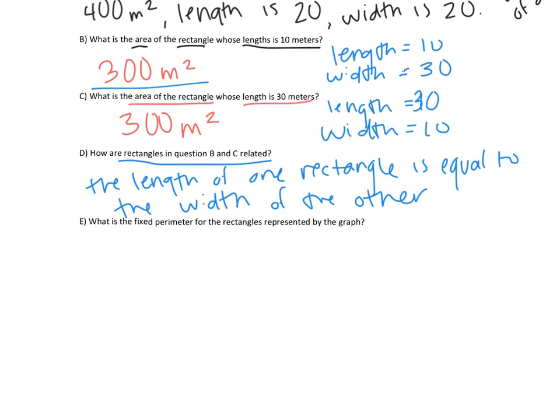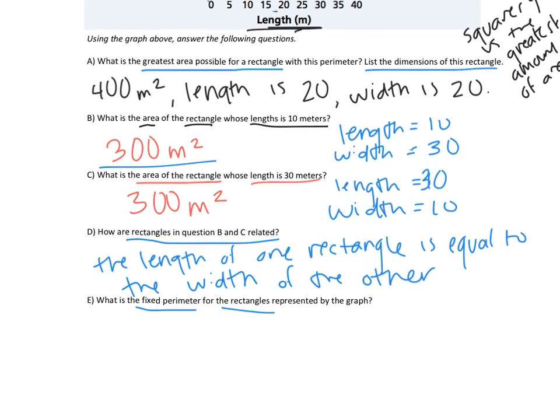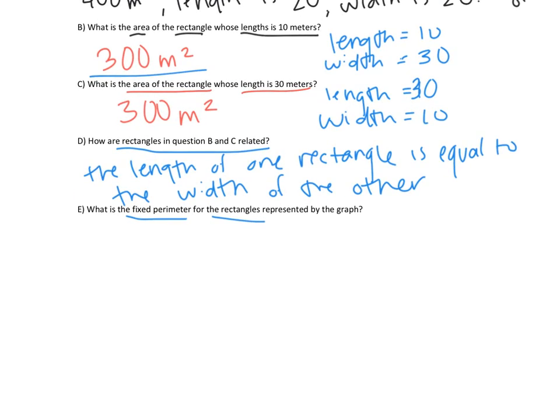And so the last one is, how can I figure out the fixed perimeter for the rectangles? Well, if we think about it, we can use our work from A, B, or C. So I'm actually just going to use C because it's the closest.